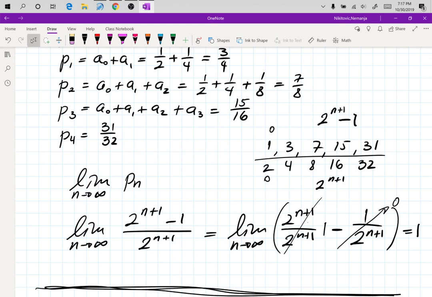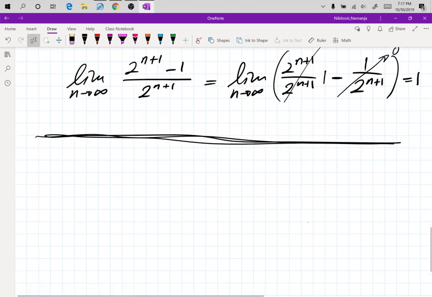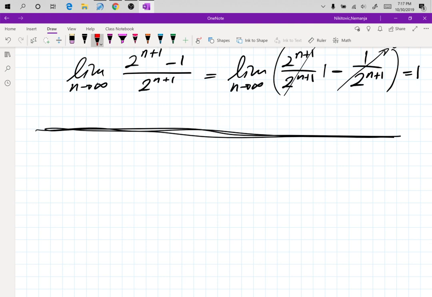And the first one, which will actually address this particular problem, is going to be geometric series. Geometric series, the test states the following thing.